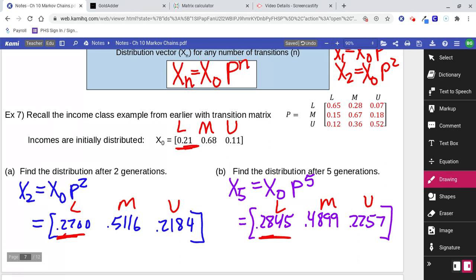So you can see the lower class population seems to be increasing. That's not really good for a population. You can see the upper class is also increasing, right? So that's good, I suppose. But you've got upper and lower both increasing, and you can see that the middle class is shrinking. Sounds a little familiar.